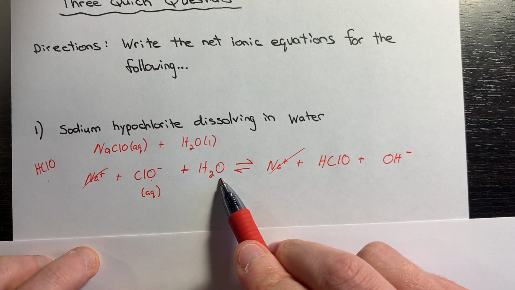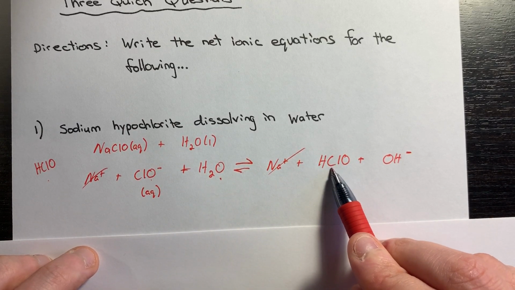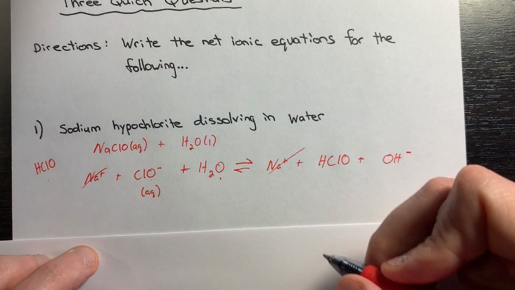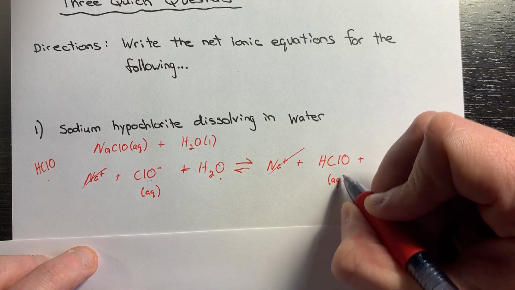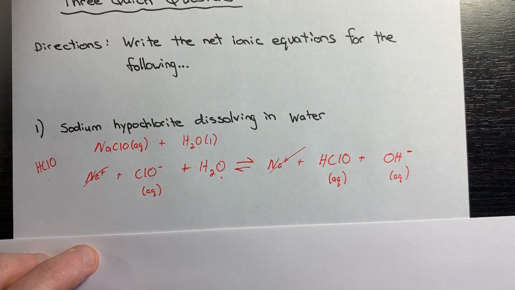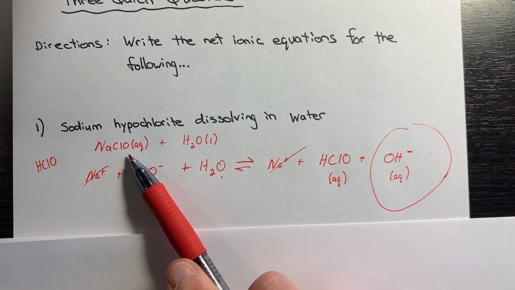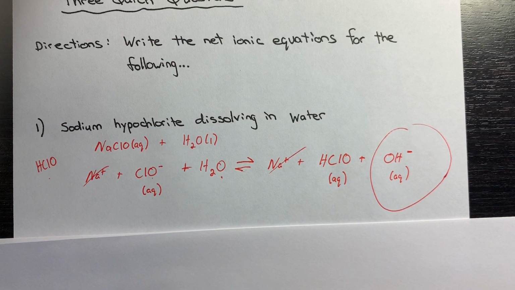We're not going to break up molecular water. In equilibrium with the HClO, the hypochlorous acid, again aqueous, plus our aqueous hydroxide here. Literally what we're doing is, by adding in this salt that contains a conjugate base, we are creating a basic solution there.